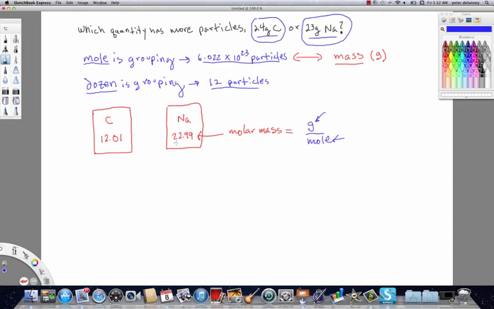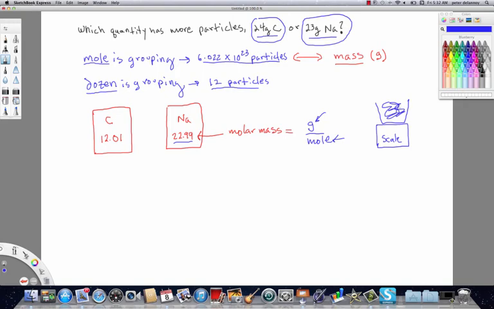So when we look at sodium, we see that literally, if we mass out 22.99 grams of sodium on a scale, that mass has 6.022 times 10 to the 23rd atoms in it.